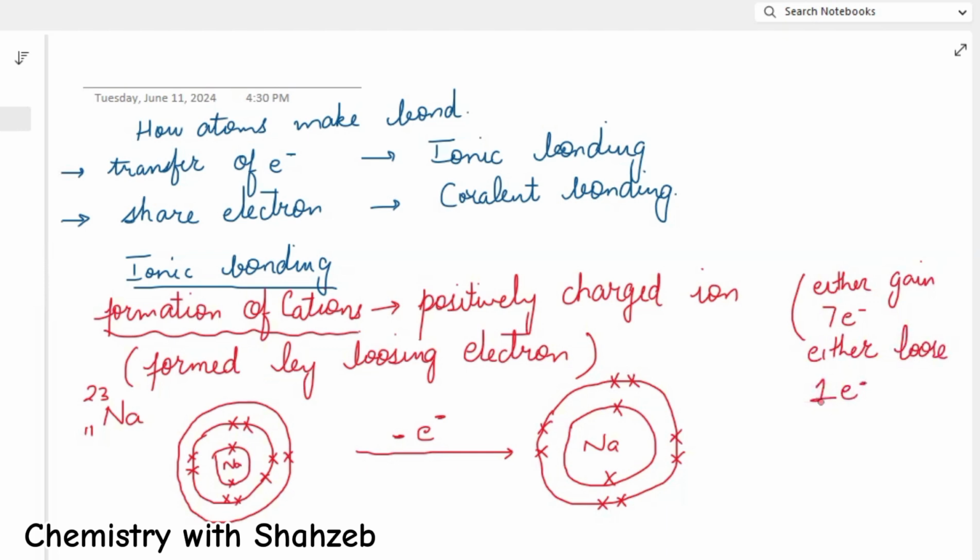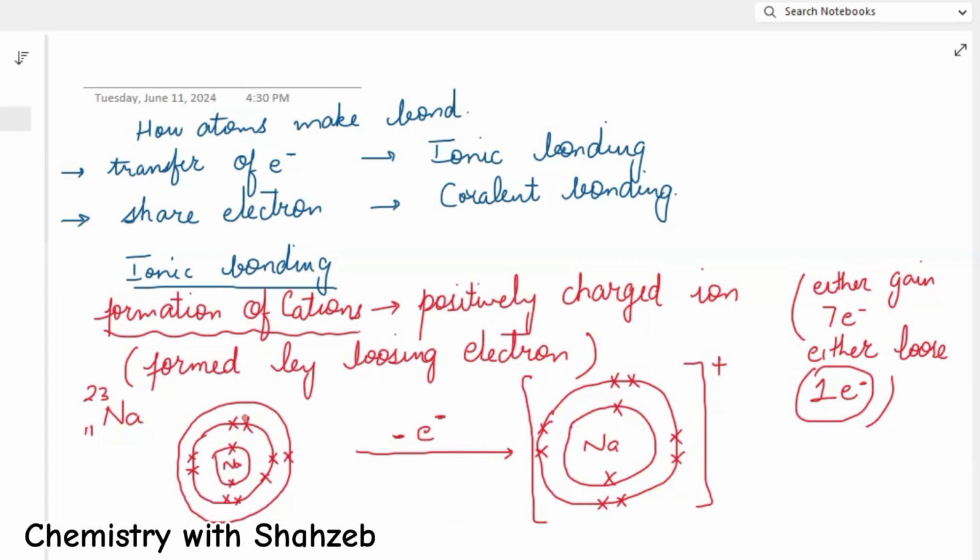This option is quite easier for sodium. So it loses 1 electron, and now it has a positive charge on it. This is the formation of a cation.